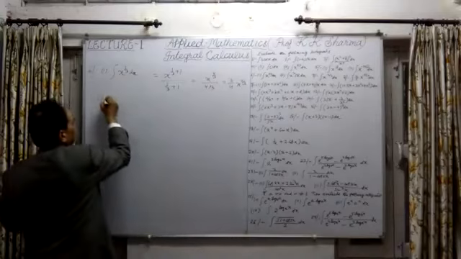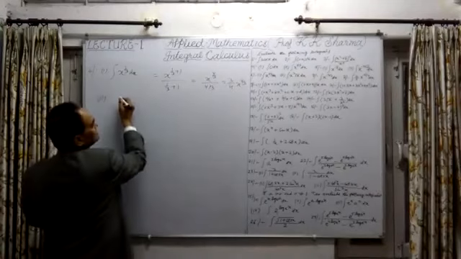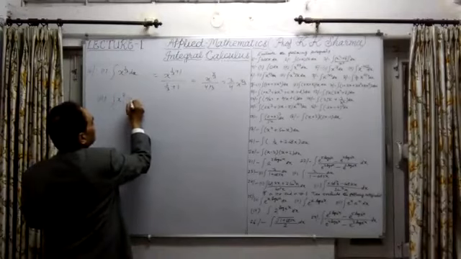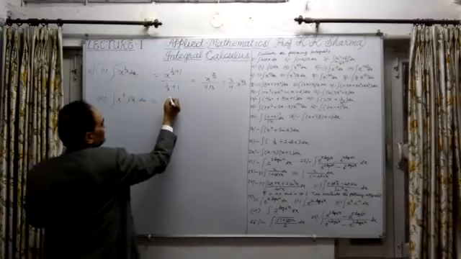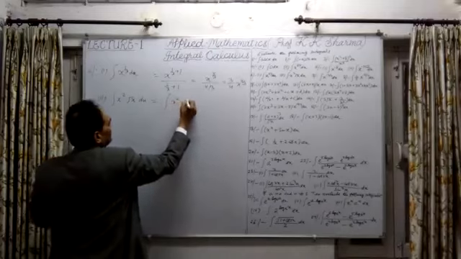What is the second part? Now the second part is the integration of x squared into the square root of x dx. Now we have to multiply them both. This is x to the power 2 into x to the power half.